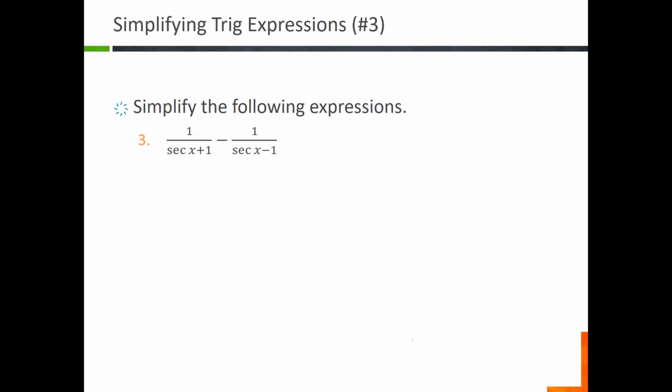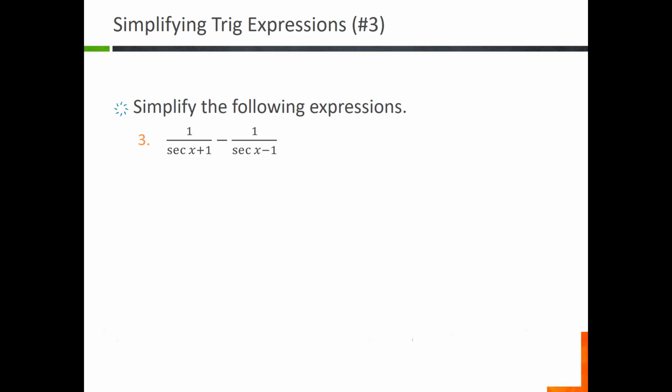All right, let's take a look at an example that is a little tougher. So we have 1 over the quantity of secant x plus 1 minus the fraction 1 over the quantity of secant x minus 1. So again, the possibilities here is that we could do a substitution. The only substitution we have is secant x.